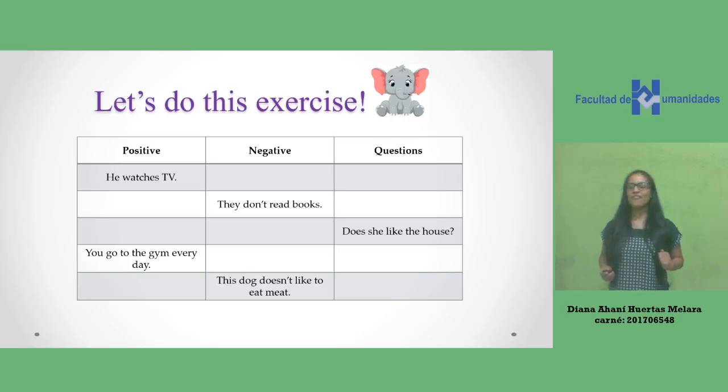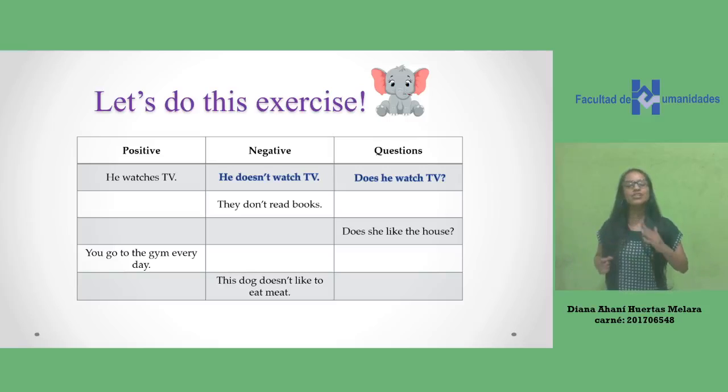So let's do the first one. The first one, we already have the positive sentence, that is, he watches TV. So the negative should be, he doesn't watch TV. And the question should be, does he watch TV? Right? So next one. In the next one, we just have the negative form, that is, they don't read books.